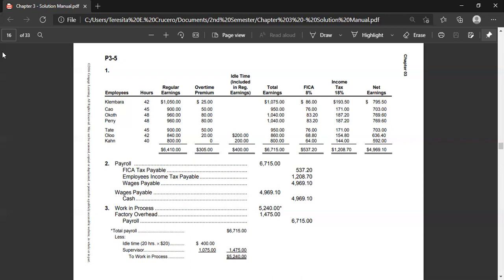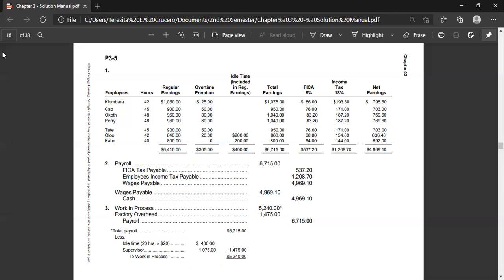Then we also debit work in process 5,240, and we debit factory overhead for 1,475, credit total earnings of 6,715.